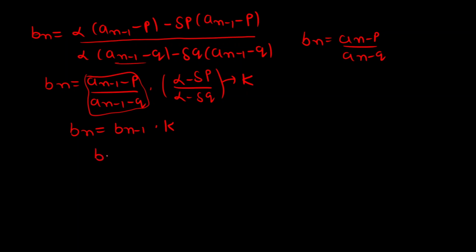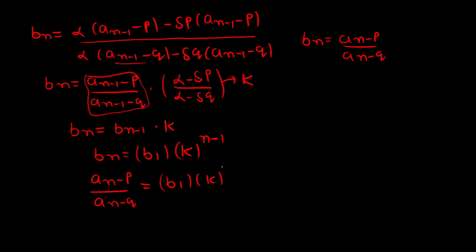Now I'll get bn is equal to b1 times k power n minus 1. And now if I substitute bn, I'll get an minus p by an minus q is equal to b1 times k power n minus 1.